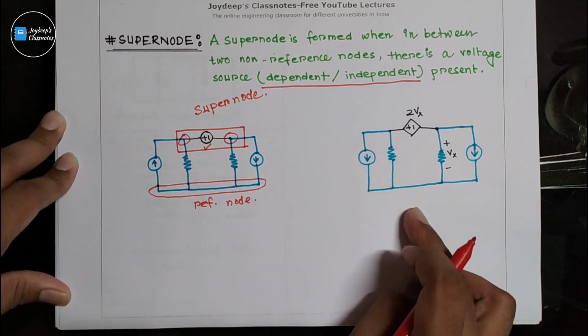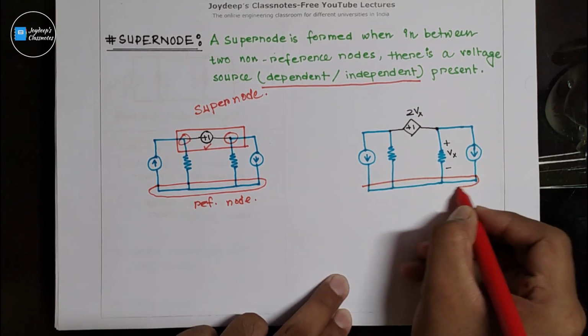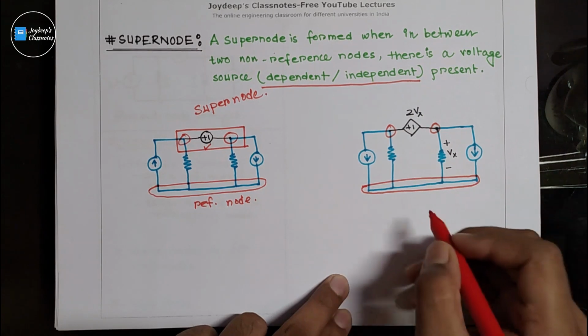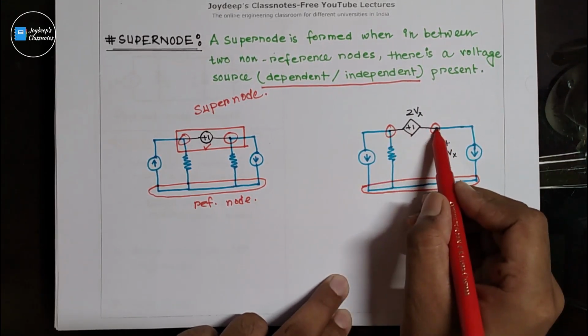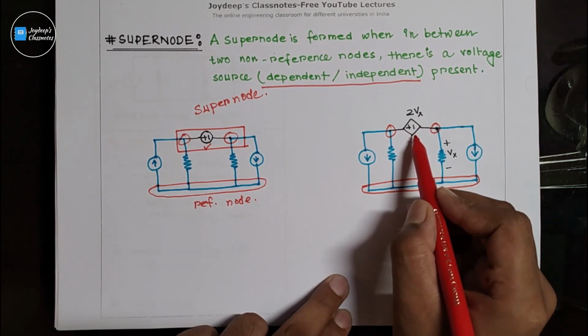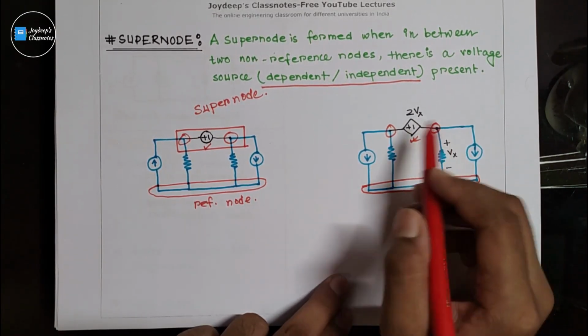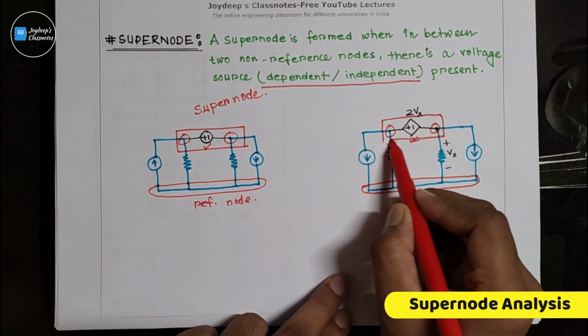Now let's look at this circuit. This is your reference node, and these are your non-reference nodes. Here we can see between these two non-reference nodes there is a dependent voltage source present. So now this becomes your supernode.